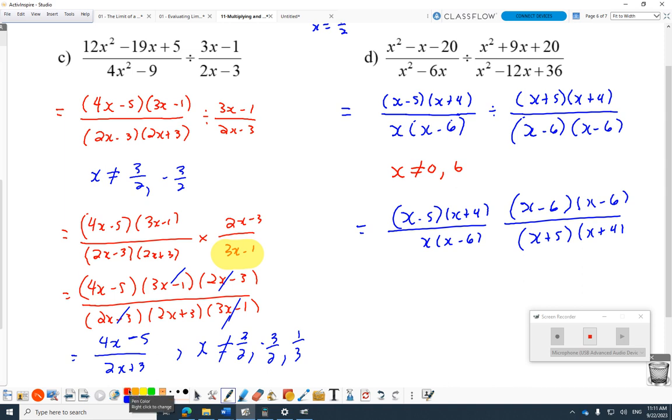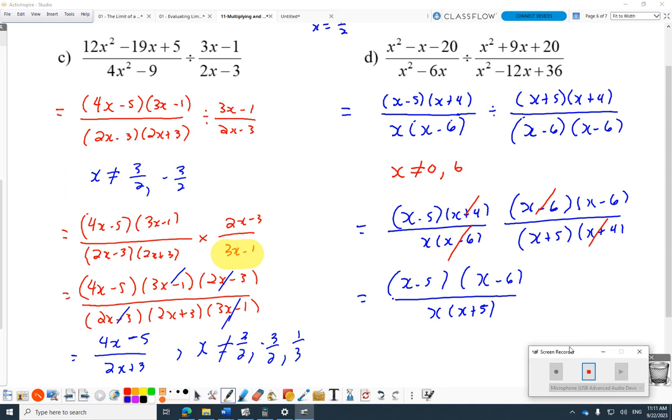That is, I can get the negative 6's to go. One of the x plus 4's to go. Or sorry, one of the x minus 6's to go. And one of the x minus 6's to go. And then I'm left with the numerator's x minus 5, x minus 6, and the denominator's x and x plus 5.